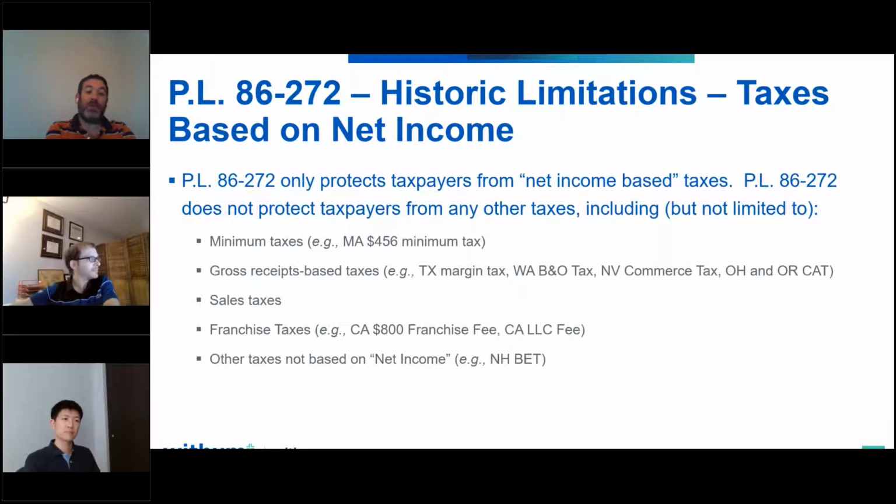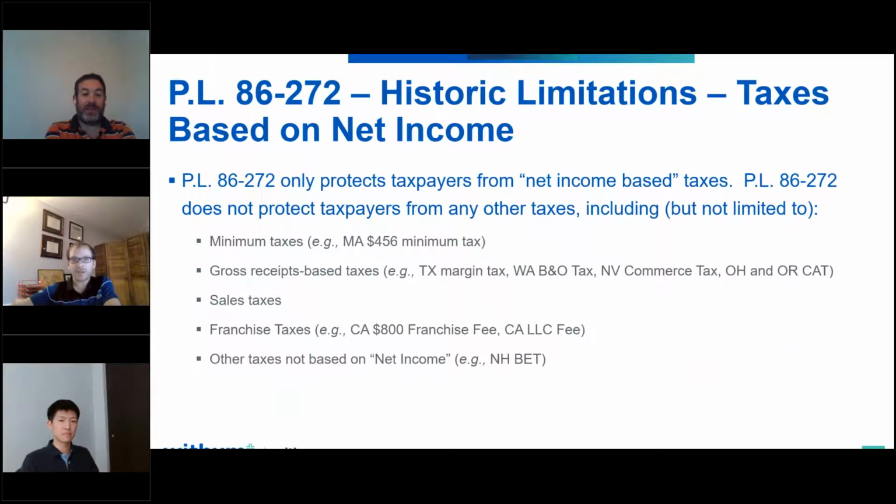You're not protected from gross receipts-based taxes, such as the Texas margin tax, Washington B&O, and Nevada Commerce Tax. You're not protected from sales taxes, so you still have an obligation to collect and remit sales tax even though you're protected under 86272. You're not protected from franchise taxes, such as the California franchise fee and the California LLC fee, and any other taxes not based on net income, such as the New Hampshire business enterprise tax.